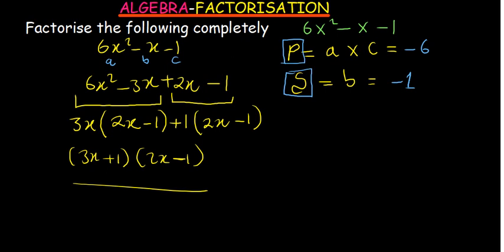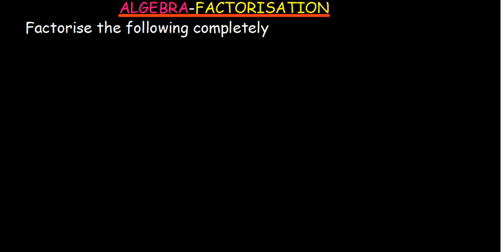No questions. Alright. Now again, you should be able to know how to factorize the difference of two squares. If you've been given a squared minus b squared, just get a, put a plus b, and then get the same a minus b. So this is how you factorize a difference of two squares.